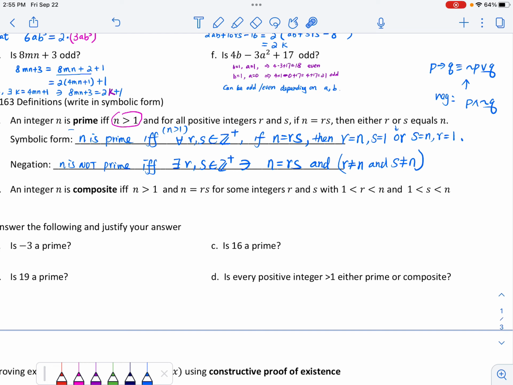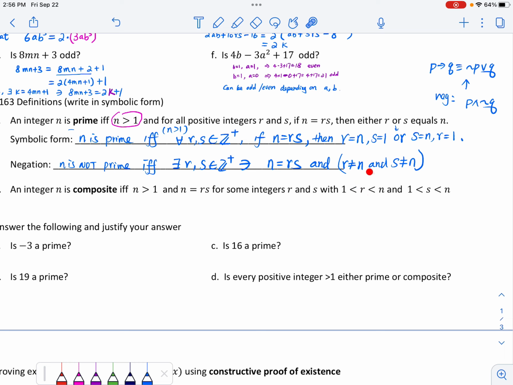Actually, this is how we define that an integer is composite if and only if. Again, we restrict our numbers to be greater than 1. So n equals rs for some integers r and s. For some, that's why we say there exists, right? For some integers r and s, where r is not equal to n and s is not equal to n.